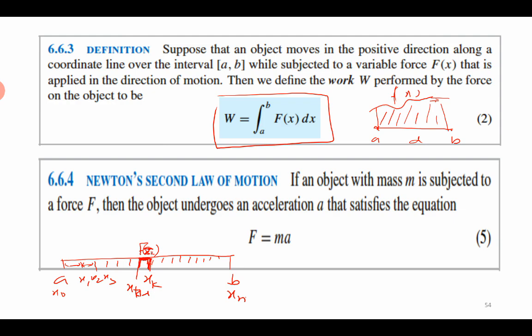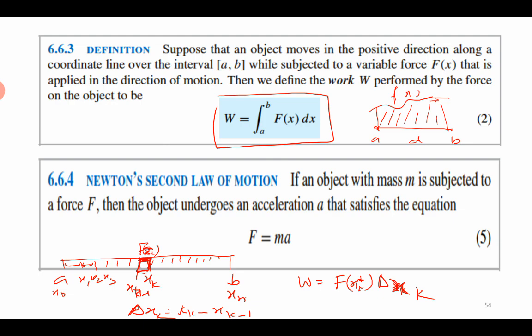For this interval, what is the work? The work is the force f of xk star times delta xk. Delta xk is the length of this interval, xk minus xk minus 1. Now this is the work done for the small part.